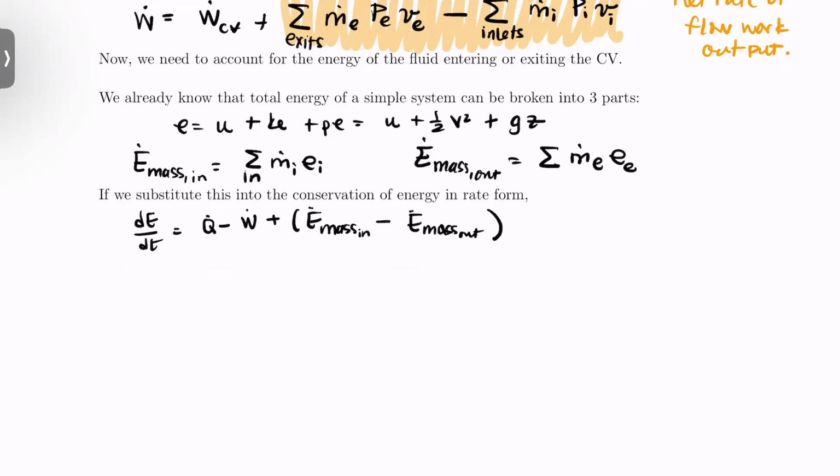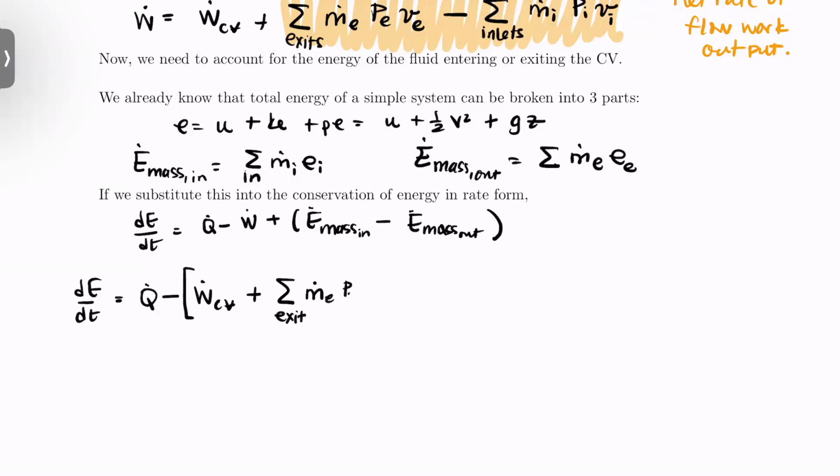And I'm going to substitute this expression that we just talked about. So we keep our dE dt and we have Q dot minus the quantity W dot CV plus the sum of my exits, and this is our W dot flow.